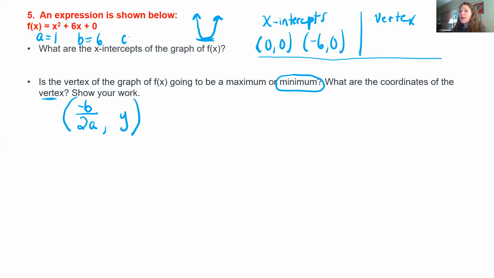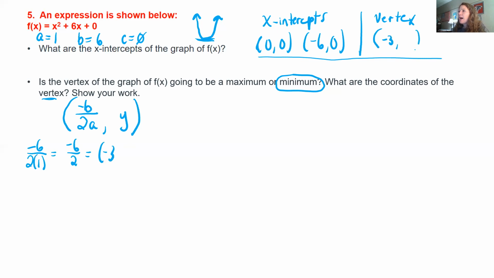And we don't need c right now, but we do know in this situation it is 0. All right, so our b is 6, so we're going to do the opposite of 6 divided by 2 times a, and 2 times 1 is 2. So -6 divided by 2 is -3. So our x value of our vertex is -3.